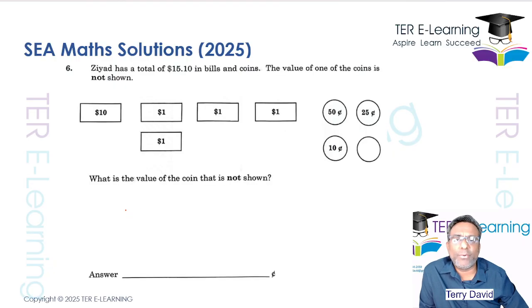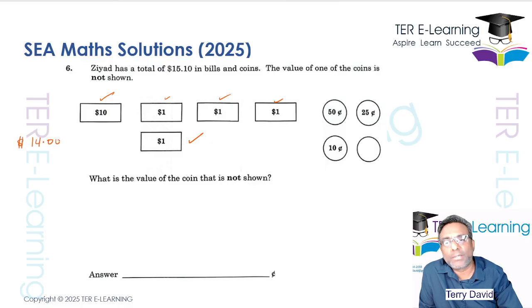For this one here, Zia has a total of $15.10 in bills and coins. The value of one of the coins is not shown. So the first thing I would do is add what we have here. So that's 10 and 1, 11, 12, 13, 14. So we have $14, and you're going to add that to 50, 75, and 10.